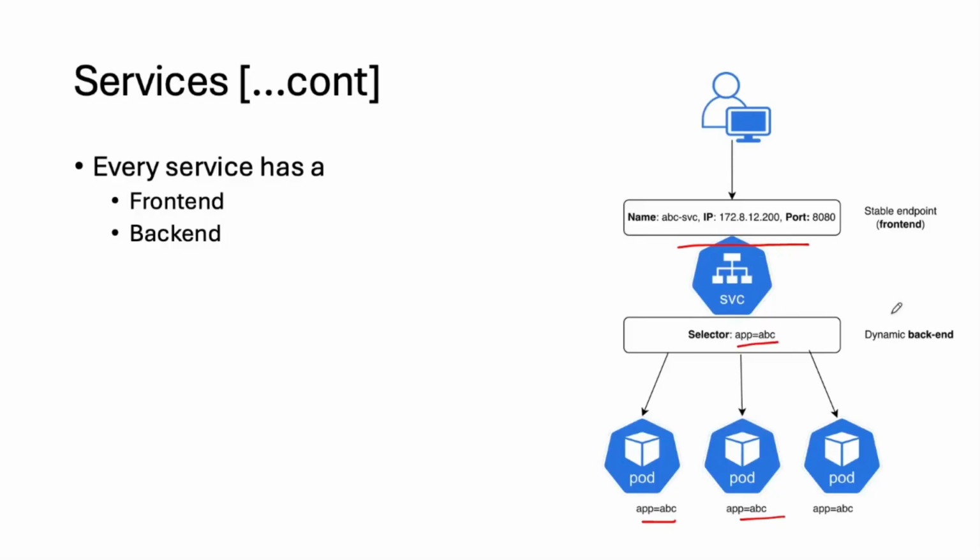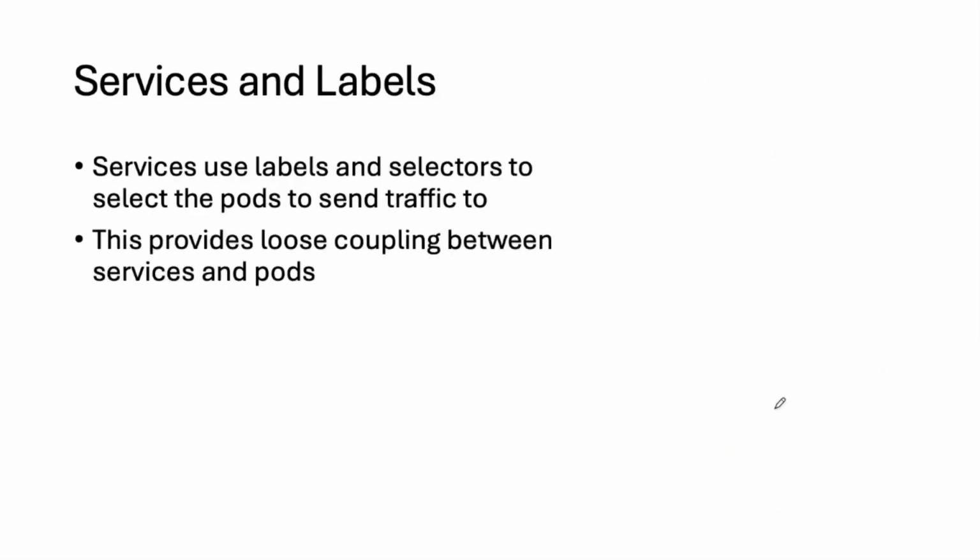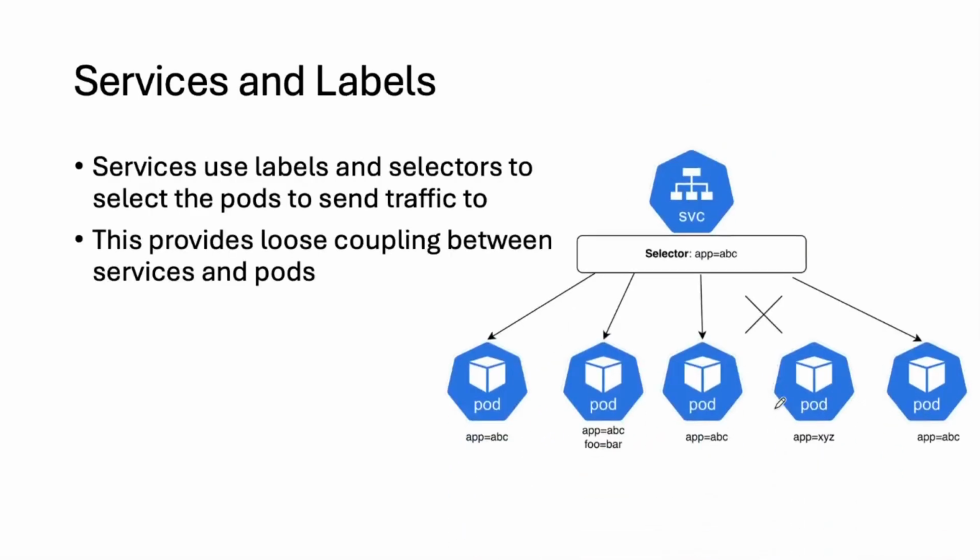Another way to explain this is that services have a stable front end and a dynamic back end, because as we know, pods are mortal and could come and go. This just explains what we covered, which is the use of labels and the label selector. So here, once again, we have these pods with specific labels, and then the service was configured with this label selector.